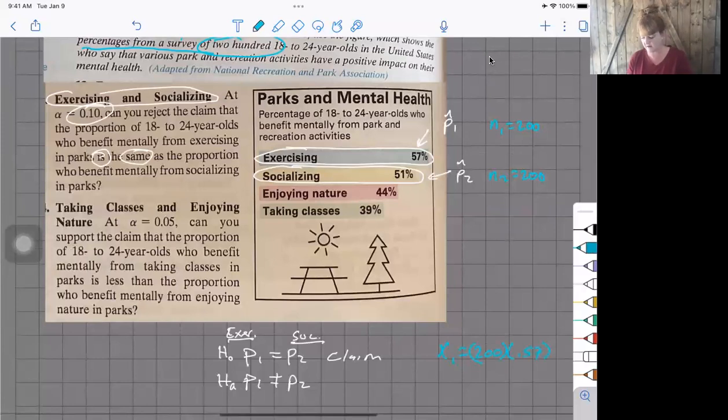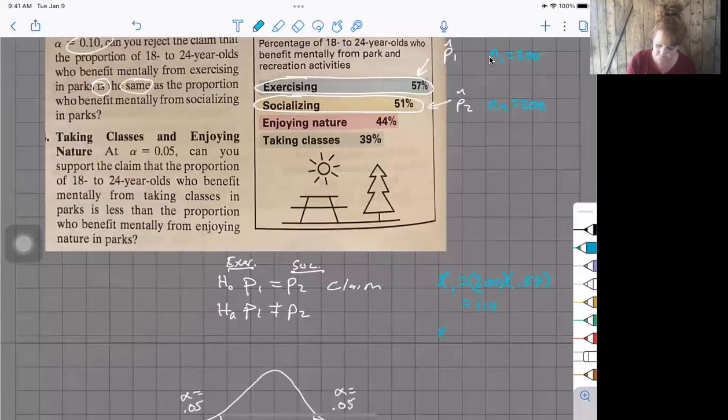That is 114. And then my X2 is going to be 200 times 0.51, and that's going to give me 102. So that's my X1 and X2, and my N's are both 200. So 114 and 102.